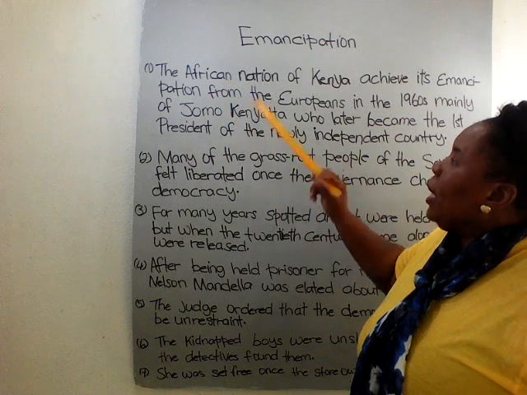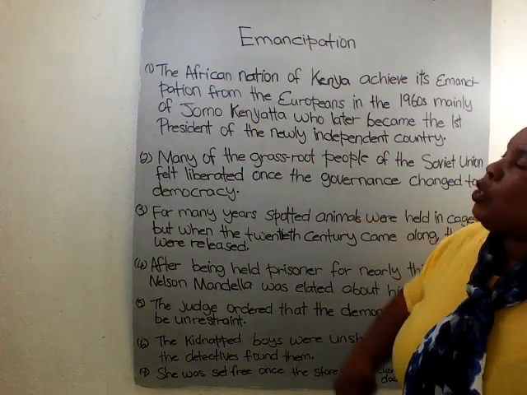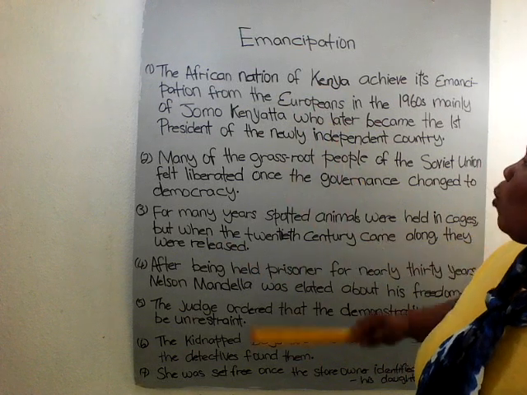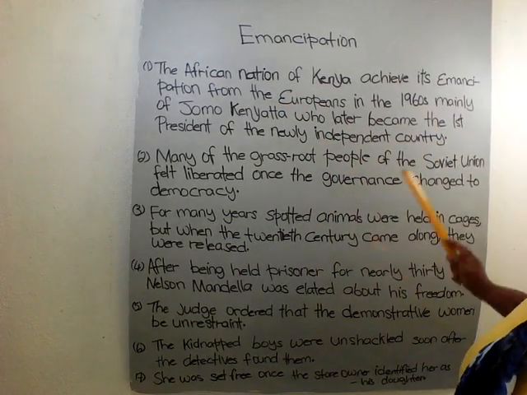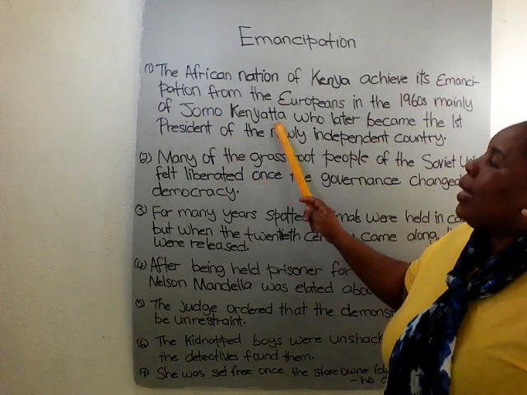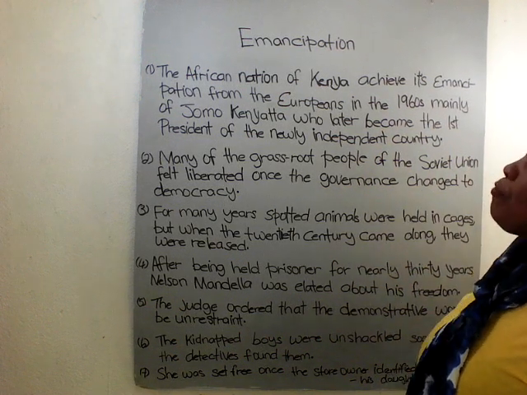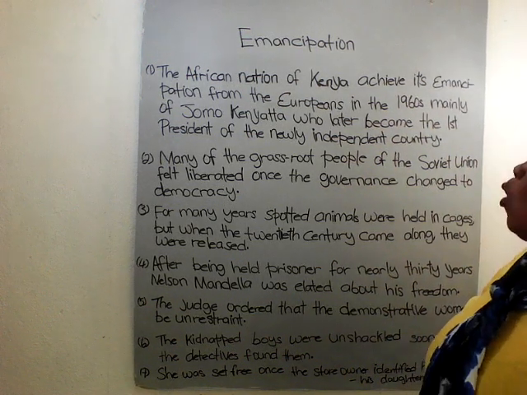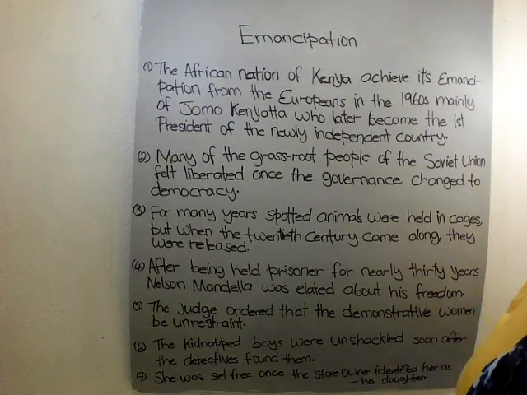The African nation of Kenya achieved its emancipation from the Europeans in the 1960s, mainly because of Jomo Kenyatta, who later became the first president of the newly independent country.